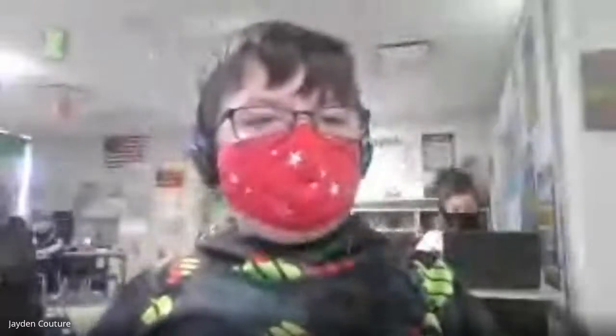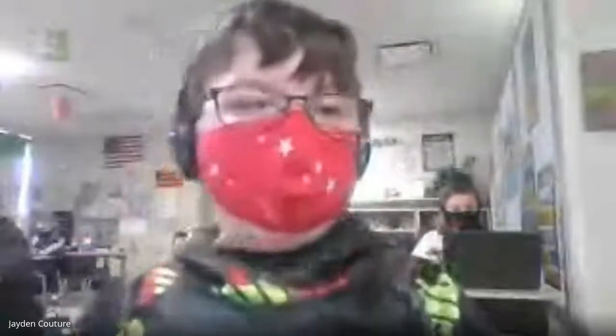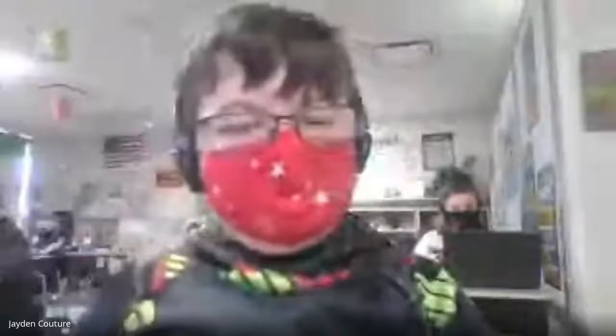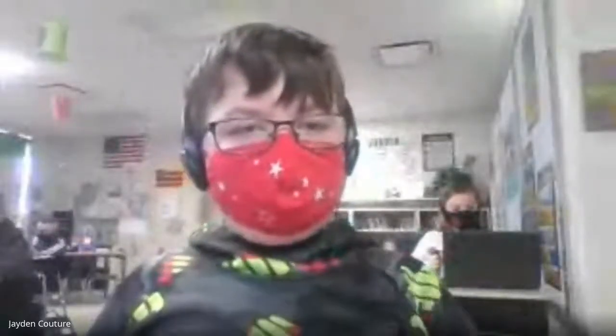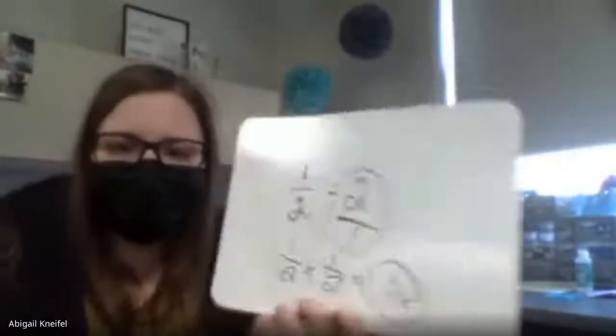Yep. And then you do 1/2 times 1/2, because you can just switch it around. Gotta flip it. And then that would equal 1/4. Yep. So 1 times 1 is 1. 2 times 2 is 4. We should have gotten 1/4.